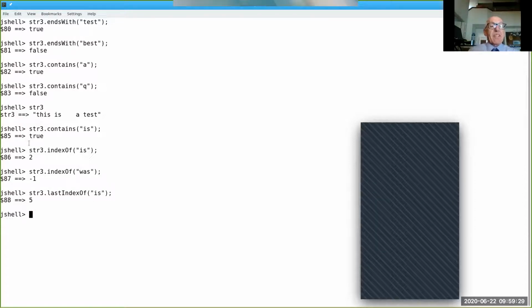The last time the word is occurs in string3 is at position 0, 1, 2, 3, 4, 5. Blanks count. This blank is at position number 4. T is at 0, H is at 1, I is at 2, S is at 3, space is at 4, and this last word is begins at position number 5.